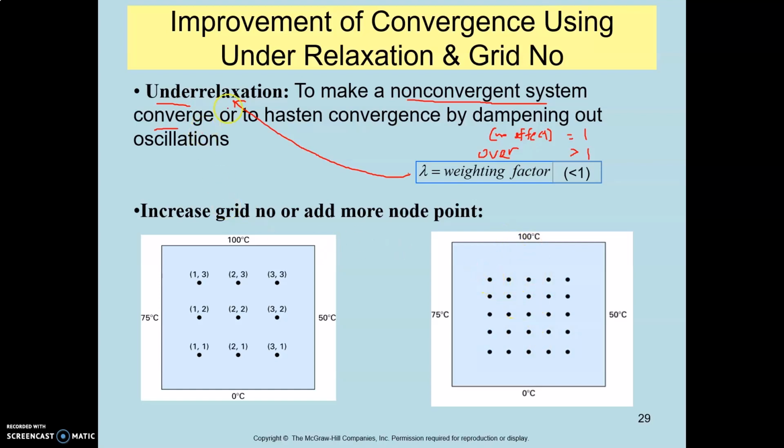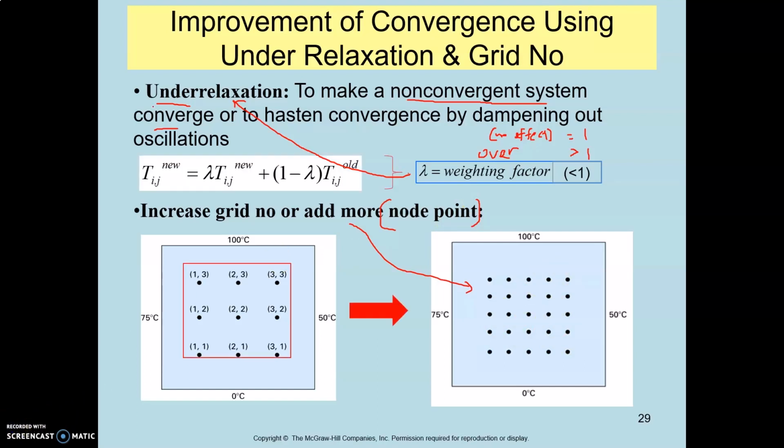If you find the system becomes divergent, what you can do is increase the grid number, or what we call the node points. By doing this, we can improve the accuracy as well. These are the two strategies that we can use to improve the convergence of the solution. This is only needed if the solution that you obtain doesn't make sense.